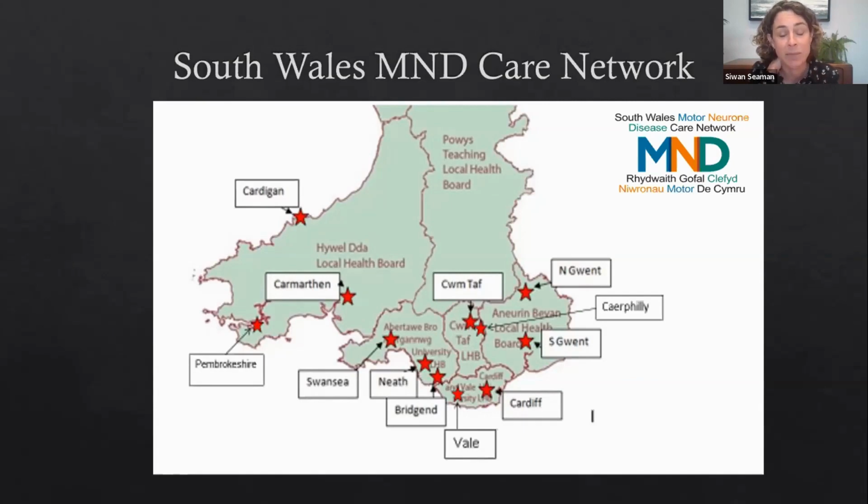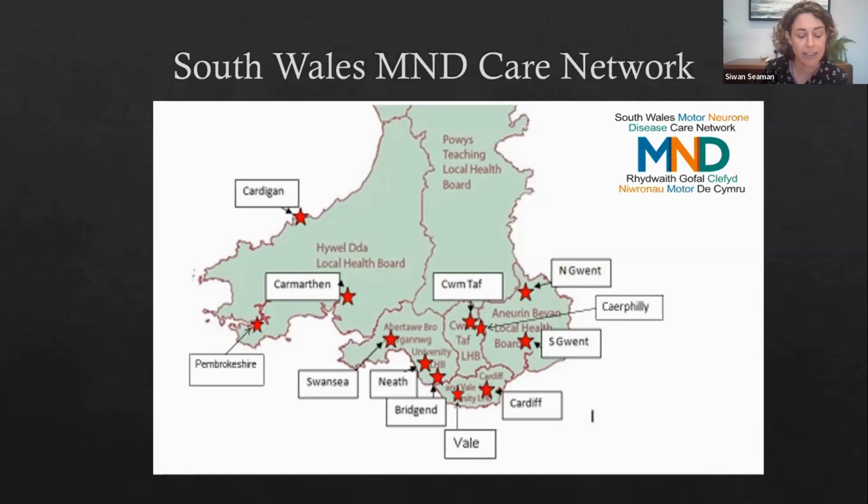One of the main aims of the network was to provide standardised multidisciplinary MND care regardless of where you lived in South Wales, with local clinical teams set up to deliver that care as near as possible to the patient's base.